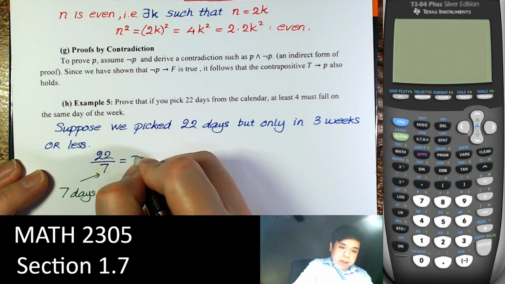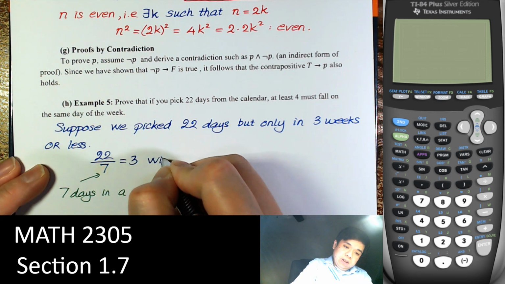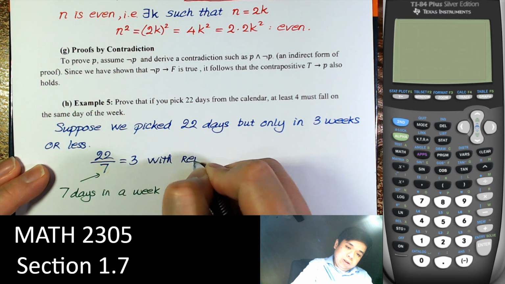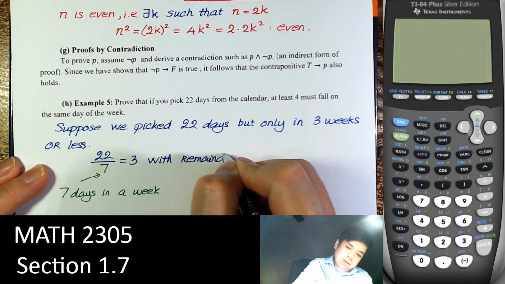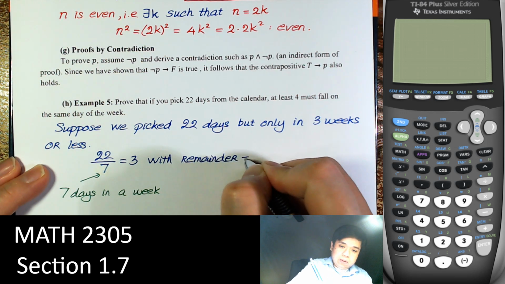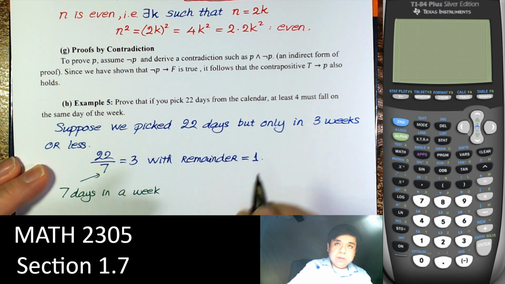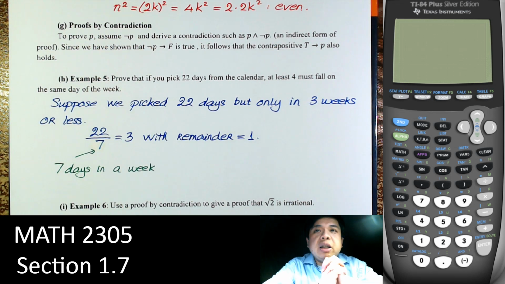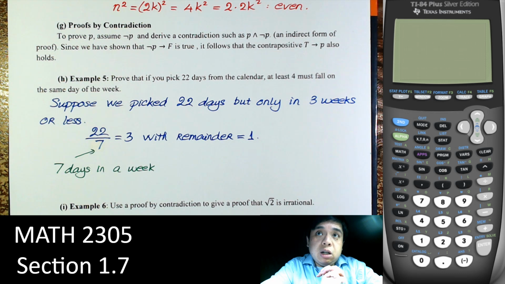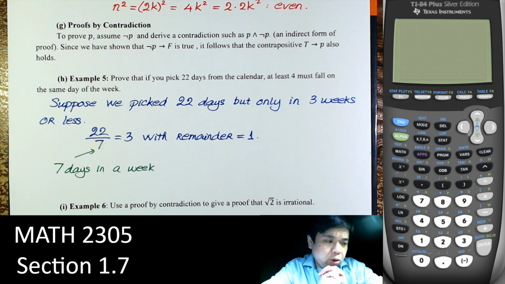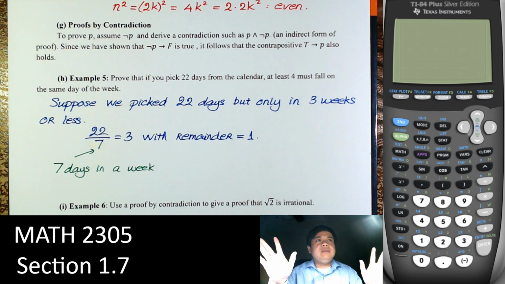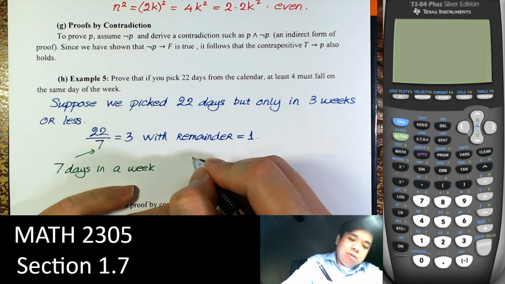And that is 3 with remainder. This is known as the pigeonhole principle. Now think about this. You have 22 days, doesn't matter what you pick, and then we have the slots.